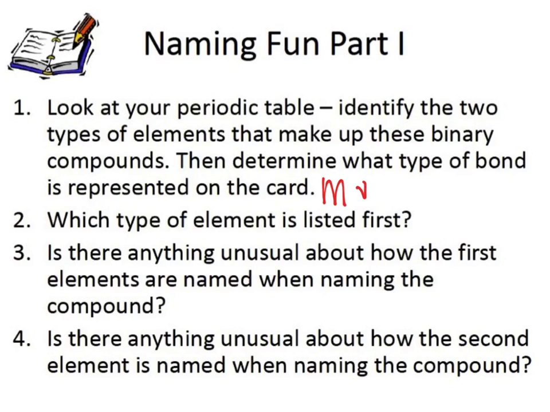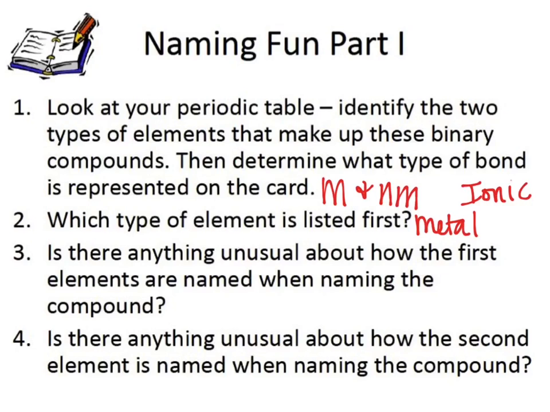Metal and non-metal. Which means what type of bond is it? Ionic. It is an ionic bond. Which type of element is listed first? The metal.